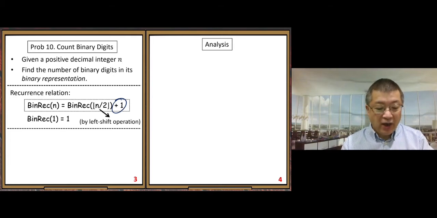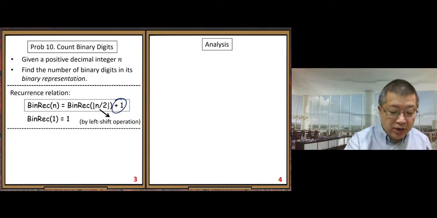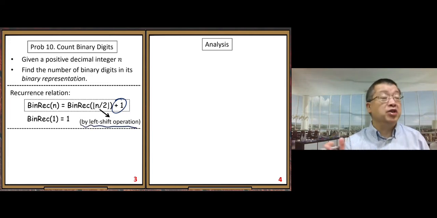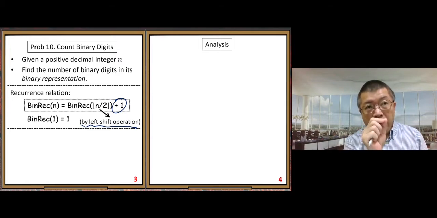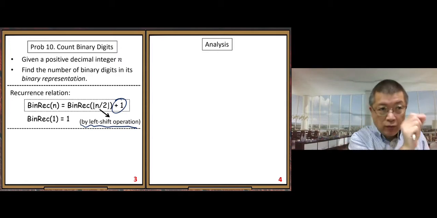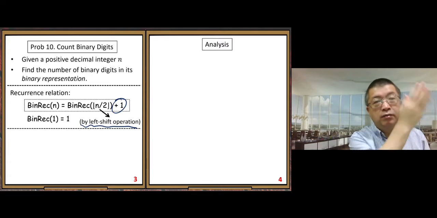All right. So here you can see in our implementation, when we do the n over 2 floor function, basically we just do a shift operation. You have the binary point, not decimal point. You shift that point 1 position to the left.